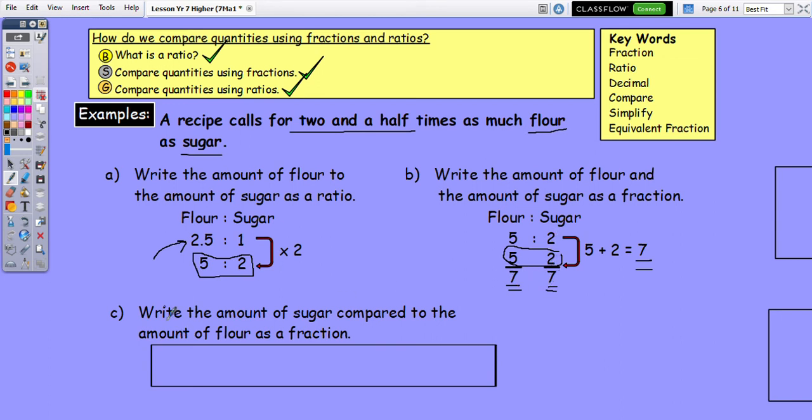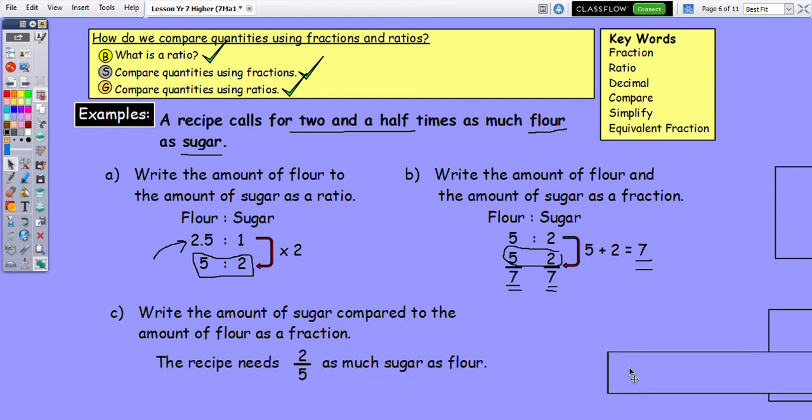Another type of question would be where I compare the sugar to the flour or the flour to the sugar. Now these are slightly different. Hopefully it makes sense. Write the amount of sugar compared to the amount of flour as a fraction. The amount of sugar is 2 parts.